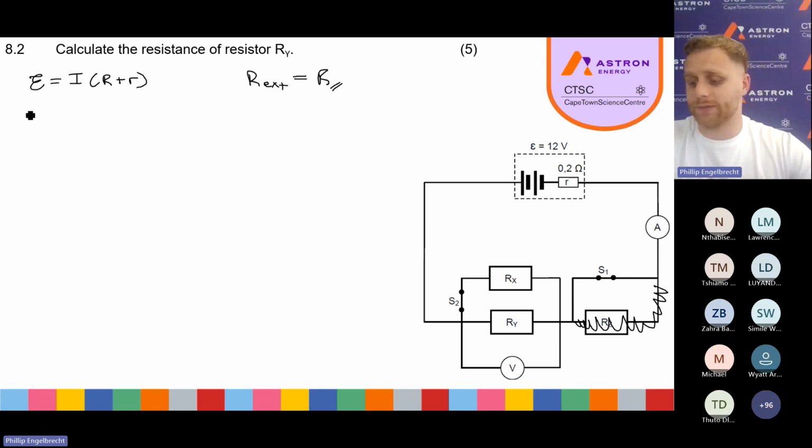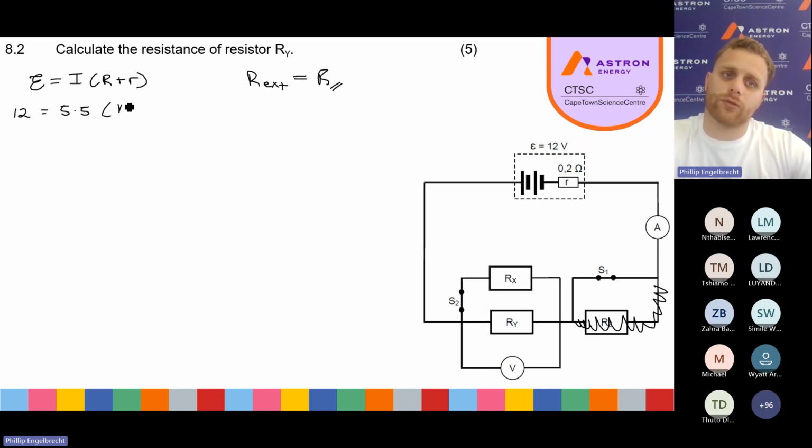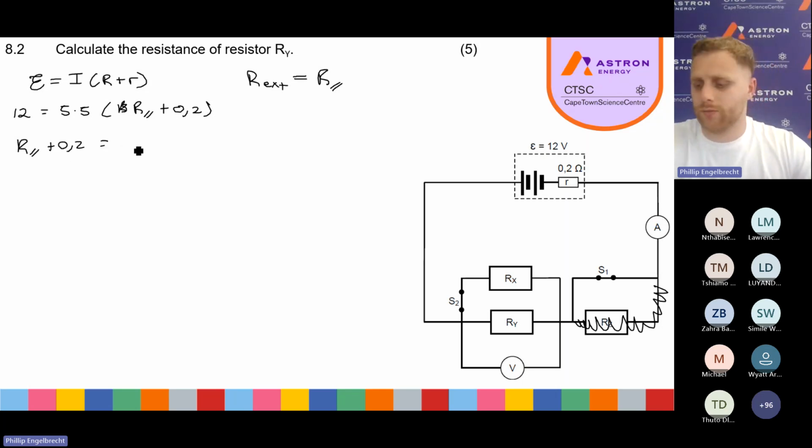All I need to do is substitute. So 12 is equal to my total current, which was 5.5, times my total parallel resistance, which is the same as my external resistance, plus 0.2.